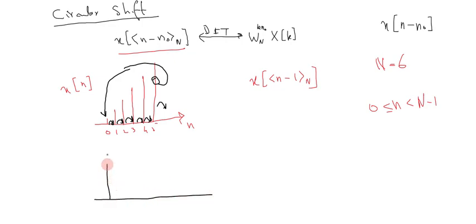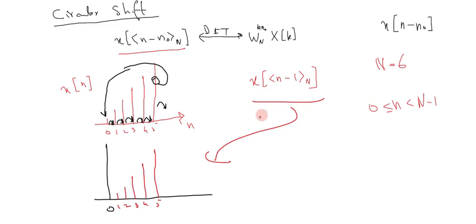At 0 you have the last sample that you have moved, and the remaining samples will be shifted by 1 unit: one, two, three, four, 5. This is your circularly delayed signal x of n minus 1.